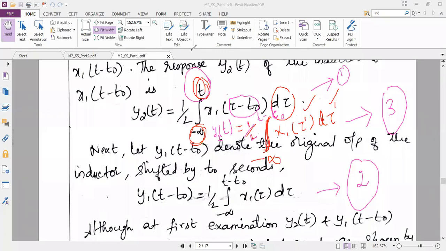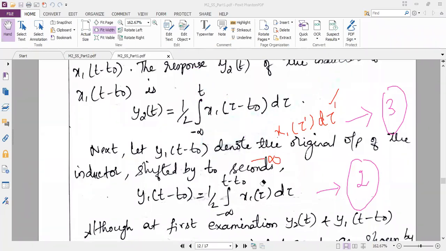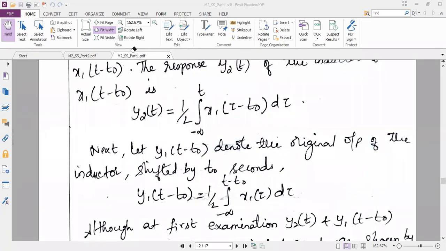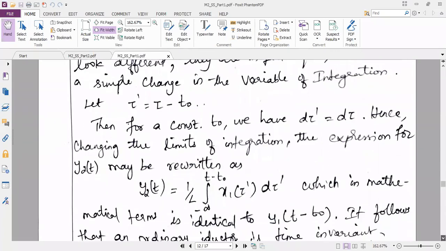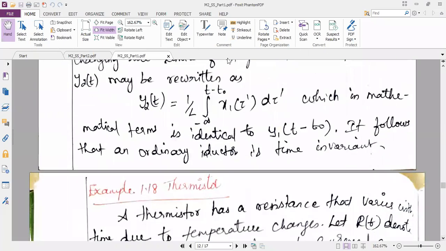So for the given question, can you conclude that the inductor is time invariant? The right hand sides of equation 2 and 3 are the same, so the left hand sides are also equal. That means y2 of t is equal to y1 of t minus t naught. Therefore, the inductor is time invariant. I hope everyone understood. Yes, ma'am.